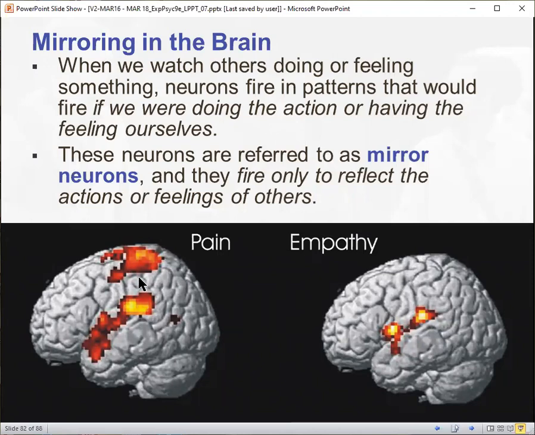Up top here, at the top of the head, is where we would have the physical sensations of pain. That's why this one's lit up on this particular image, because this is the person who's actually experiencing the pain. But empathy, when you feel, in quotes, for the person who's experiencing the pain, is where the more emotional stuff is lining up over here.